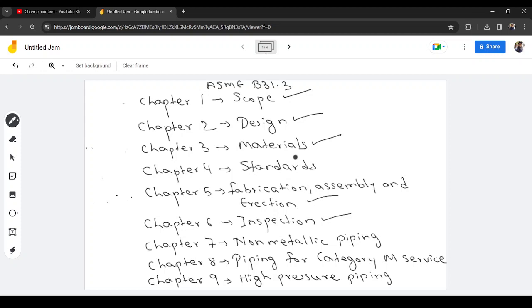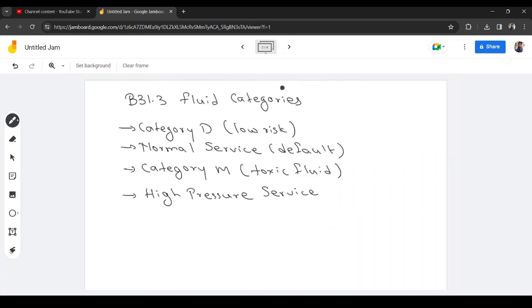Okay. Now, in ASME B31.3, there are various other requirements. ASME B31.3 generally divides the piping system based on the service category. This service category is based on what kind of fluid is flowing inside the piping system. This is starkly different from the requirements given in API 570.